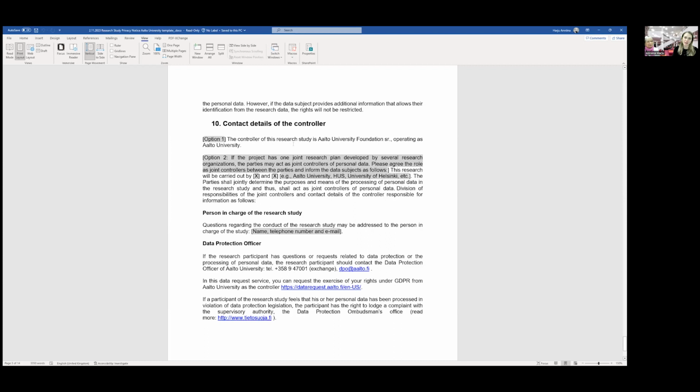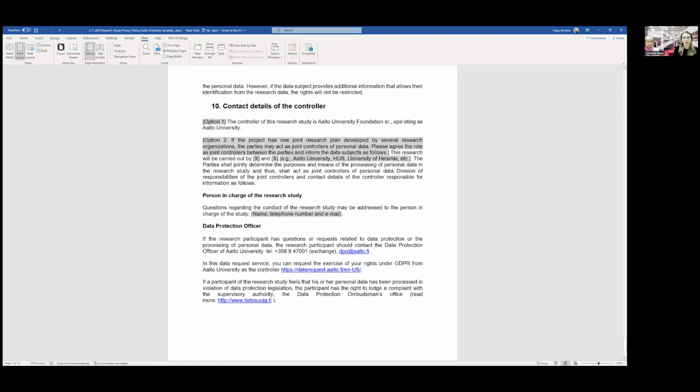So this gives the participant the contact details of the controller, if they want to exercise any of their rights, for example, as Maria just explained. The basic case is obviously that Aalto University is the controller of the personal data. Option 2 is about joint controllers.